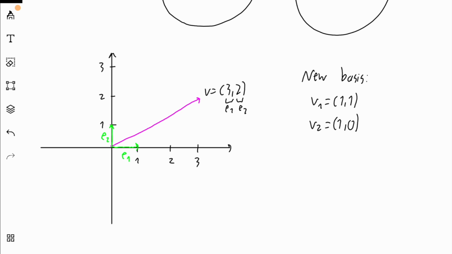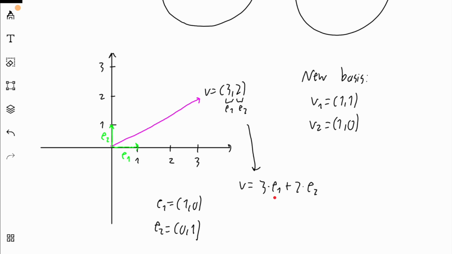Whenever we plot vectors, we write them down in terms of the standard basis, because we always need to write vectors in terms of a basis. Here, we just never really notice it, because we say e1 is the standard basis vector, where e1 just equals (1, 0), and e2 is this standard basis vector, which just goes in the y direction, so e2 equals (0, 1). And when we plot vectors in terms of this basis, when we actually spell it out, v equals 3 times e1 plus 2 times e2.